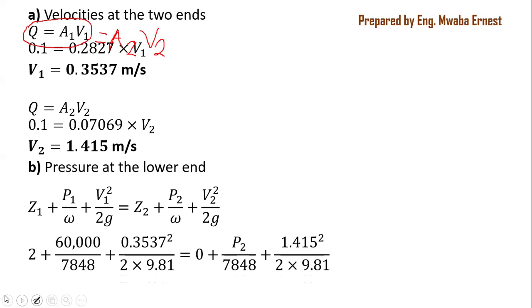We do the substitution. Here we said that Z1 is 2, plus pressure 1, which is also 60,000 divided by omega, which is 7848, plus V1, which is 0.3537 squared over 2 times 9.81. This is equal to, for Z2, 0, plus P2, we don't know what it is so we leave it, divided by 7848, plus V2, which is 1.415, so square it, divide by 2 times 9.81.